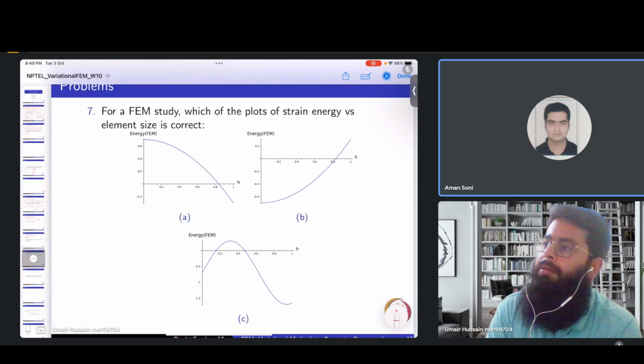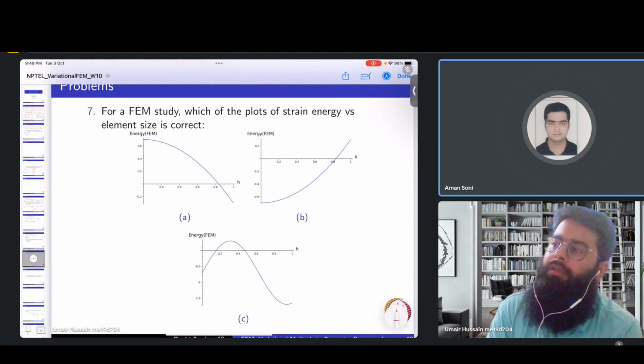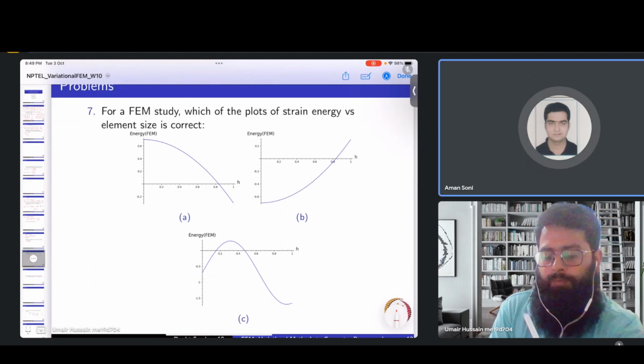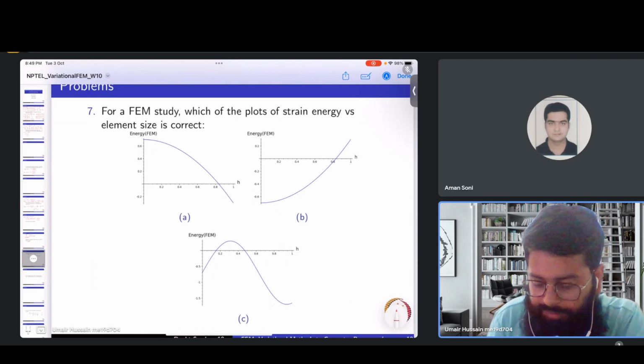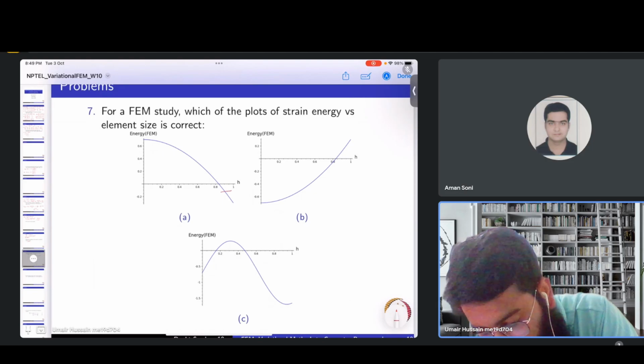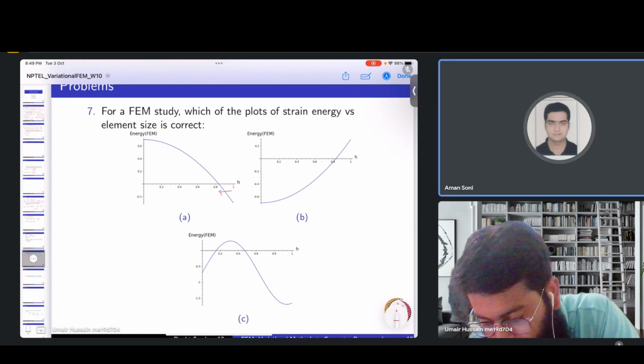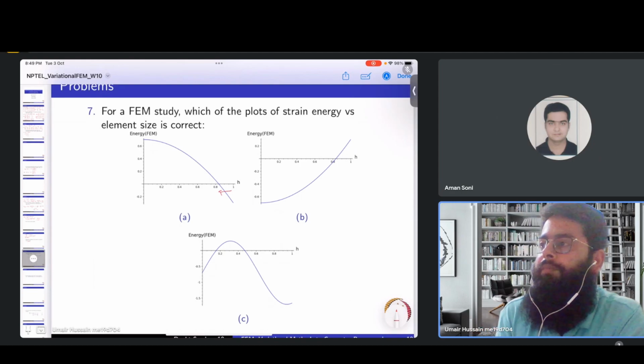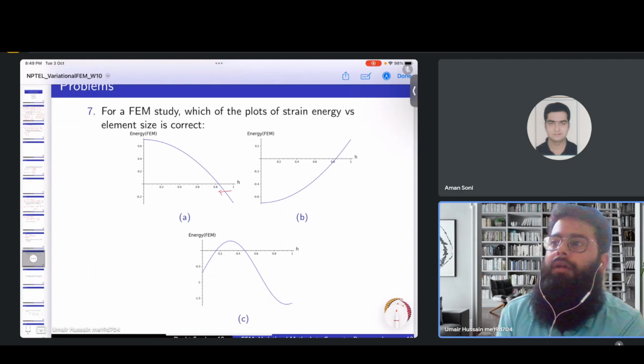Okay, I think in that case A should be the answer. Let's analyze A first. A suggests that as our element size is decreasing, our energy is increasing. So that would suggest that as we refine the mesh, we are getting closer to the exact solution.